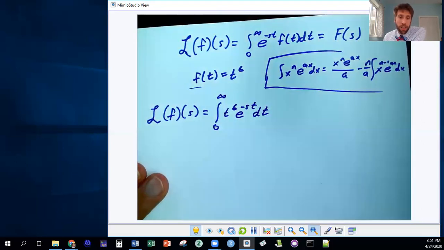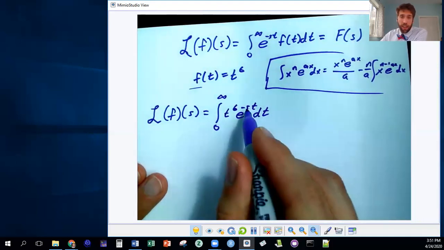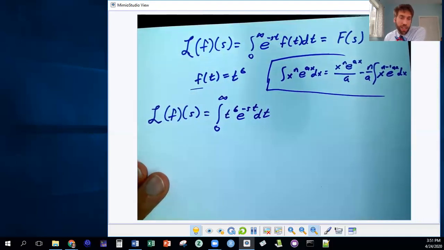It's an integral with regard to dt, and I've got an s in there. So once I take the integral, I'll have an expression with only s and numbers. It should be a function of s. Now this is an awful integral, because in order to do this integral, you need to do integration by parts 6 times. So let's not do that.